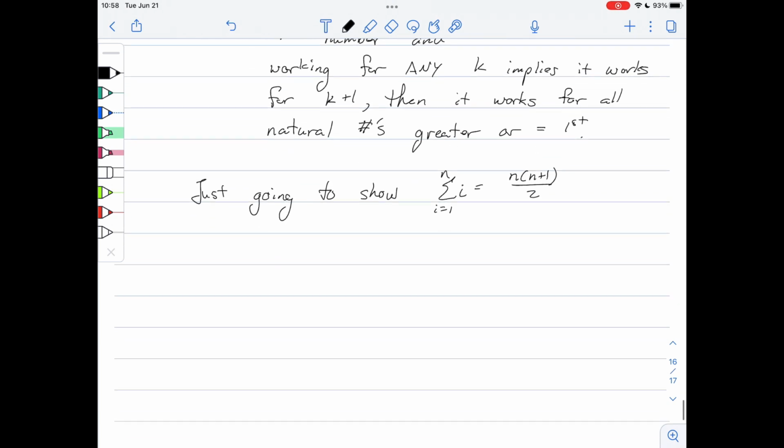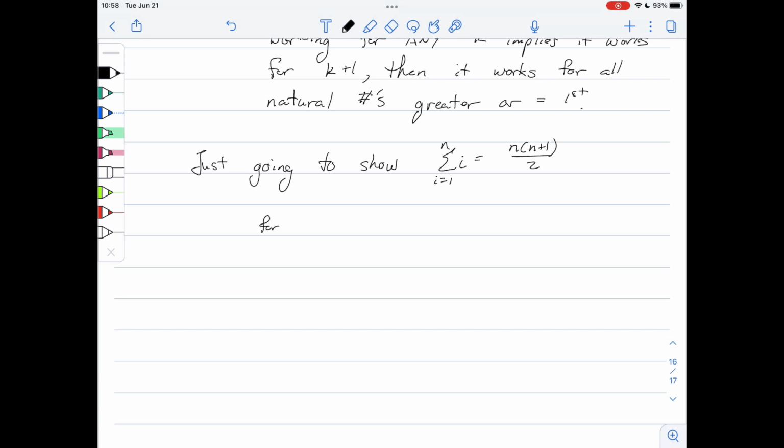So our base case is just n equals 1. We have to start somewhere and we have to work with something. So we're actually just going to work with n because that's the only thing that we can actually control here.